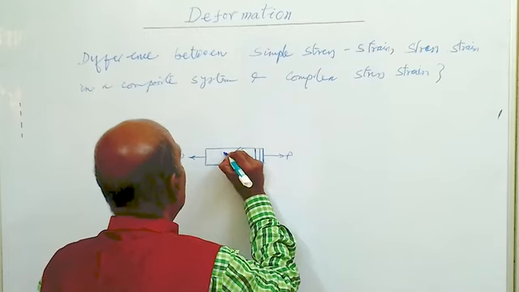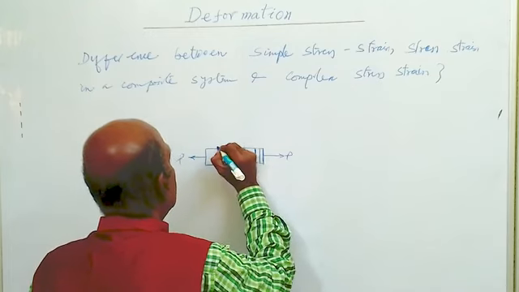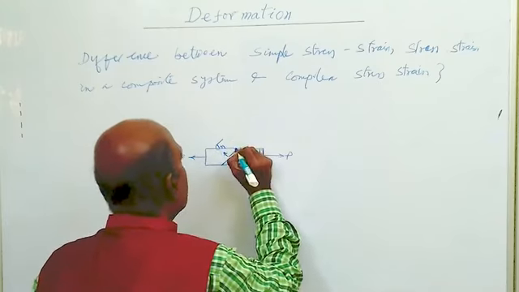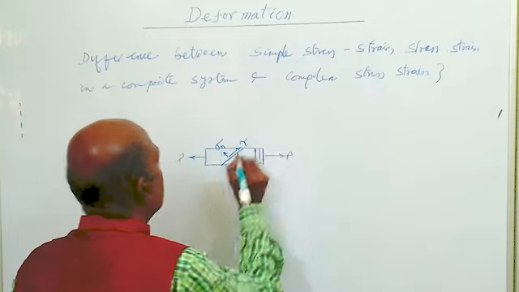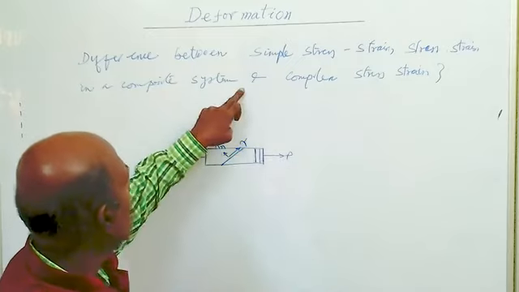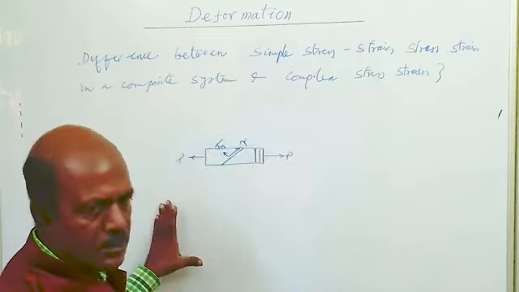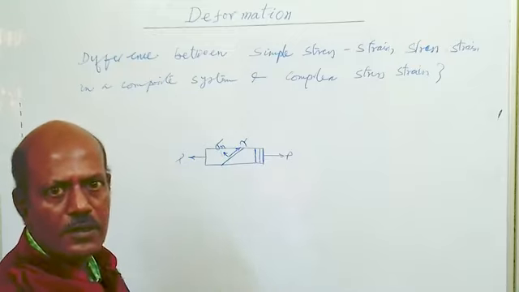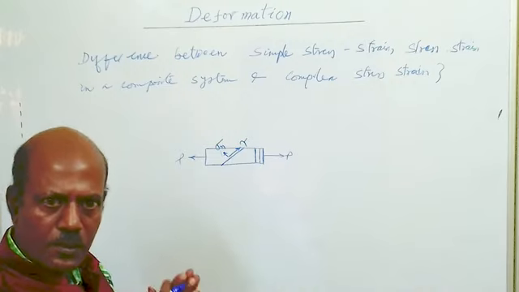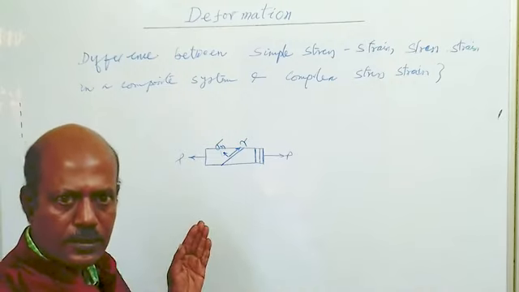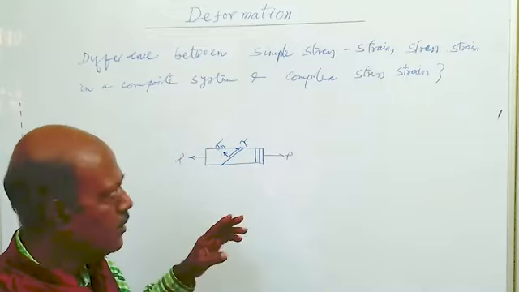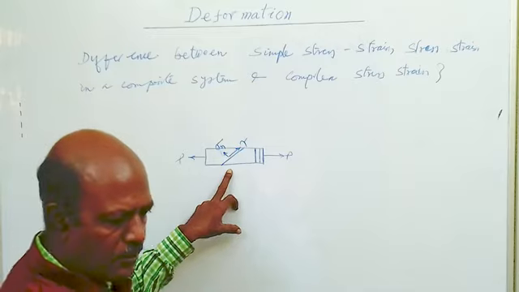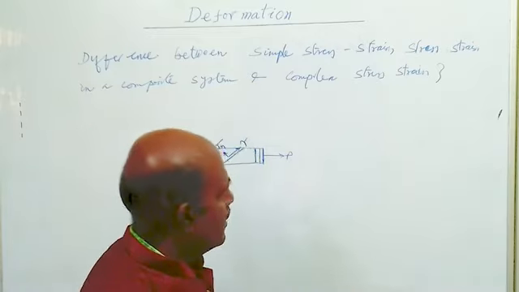One is normal to this inclined surface, known as sigma n, and a shear stress tau will also develop. So this comes under complex stress strain, whenever the bar is under only normal load, or in combination with normal load and shear load. It may be in only one axis, or in both axes. The kind of stress strain developed is called complex stress strain.